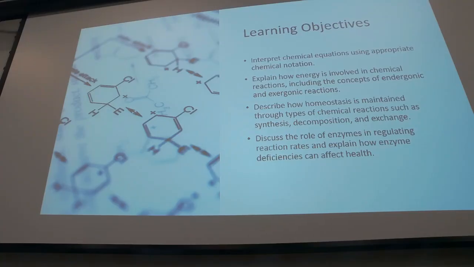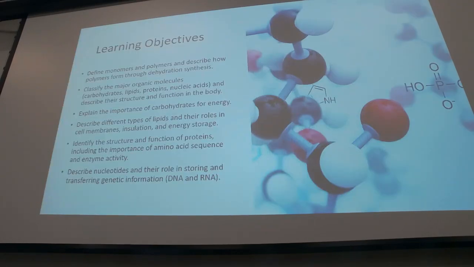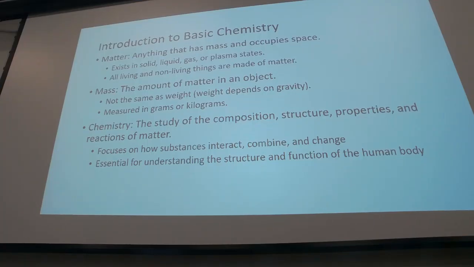And we're going to see different chemical reactions like synthesis, decomposition, and exchange, and we're going to see the role of enzymes in metabolic reactions, how they help us perform certain functions in our bodies, and how the lack of them can lead to problems in health. Okay, so let's get started.